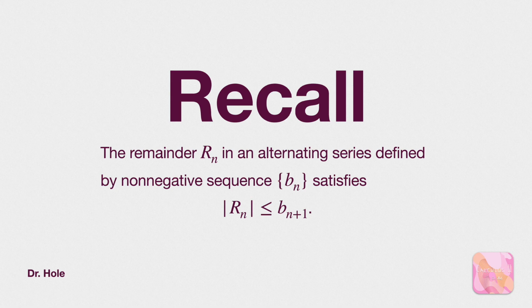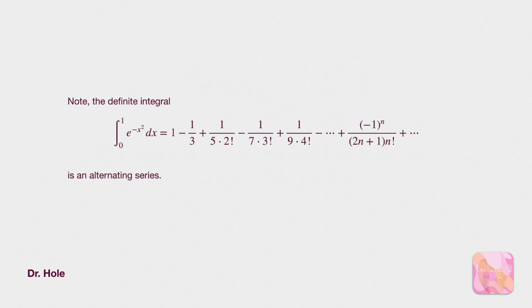Well, remember that in an alternating series, the estimate on the remainder is super easy. To estimate the remainder, you just look at the next term. We can use that here since this series on the right-hand side is an alternating series.